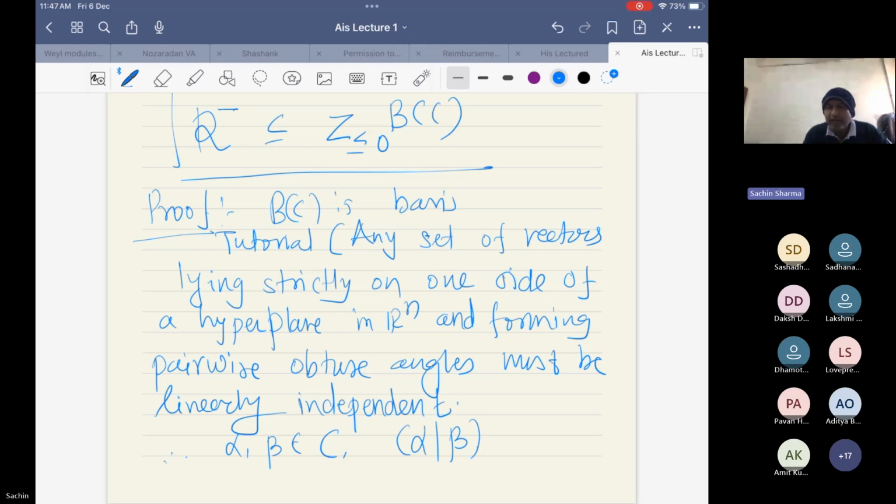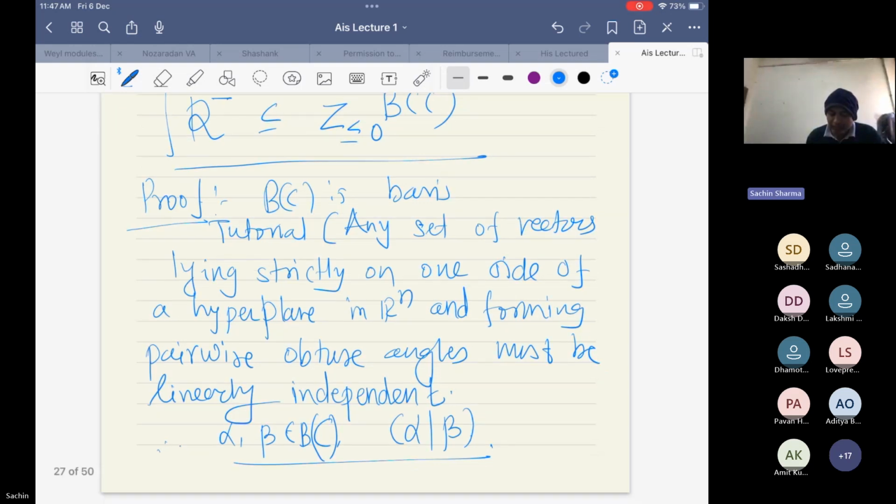Can anybody guess? Am I asking a very difficult question? These are roots in the same chamber.